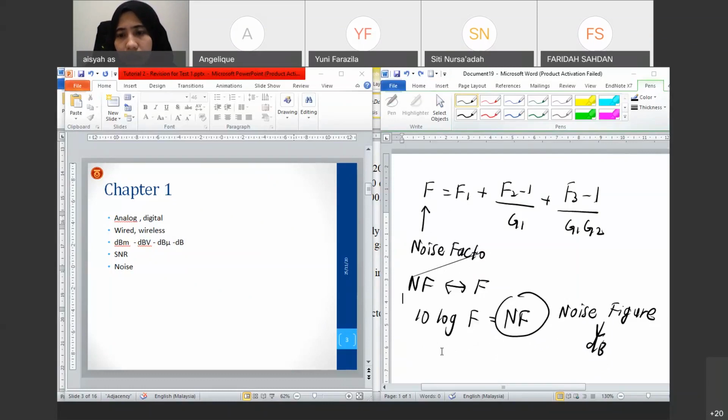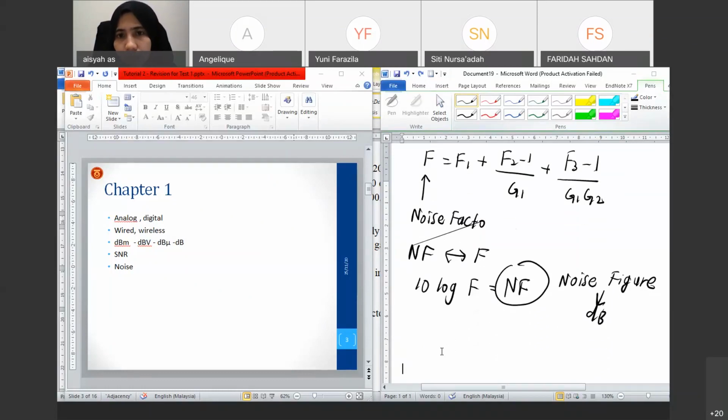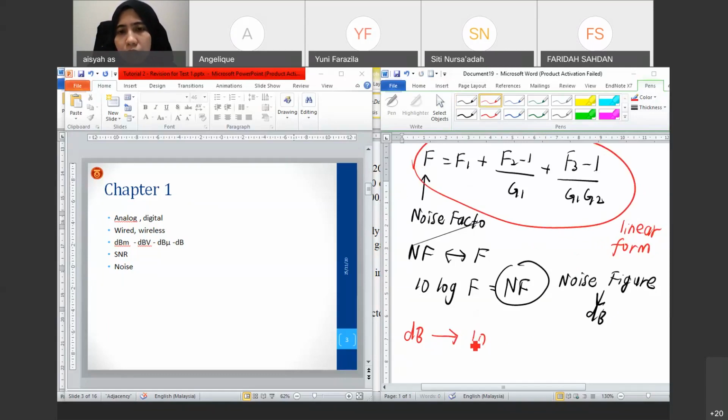Okay, in dB. And for this Friis formula, you need to use the linear form. That means if dB is given in the questions, you need to change from dB to linear.